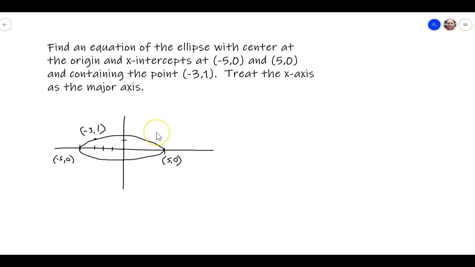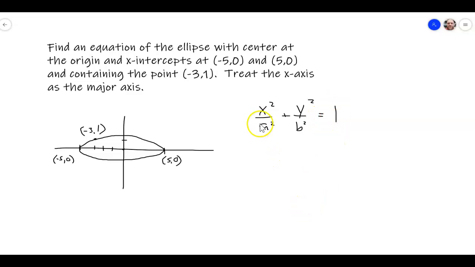Well, the formula for the ellipse with the major axis being the x-axis looks like this, and this is on page 666. x squared over a squared plus y squared over b squared is equal to 1.